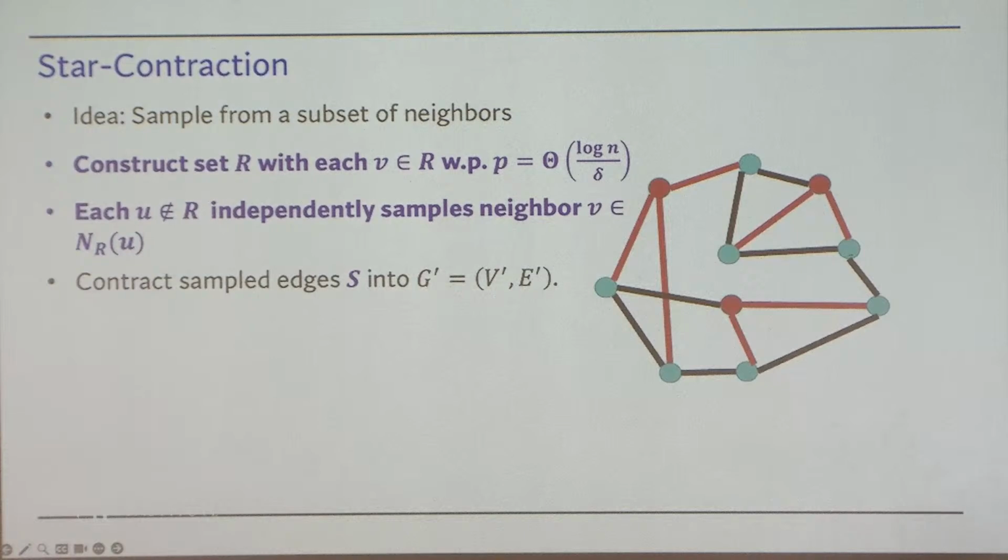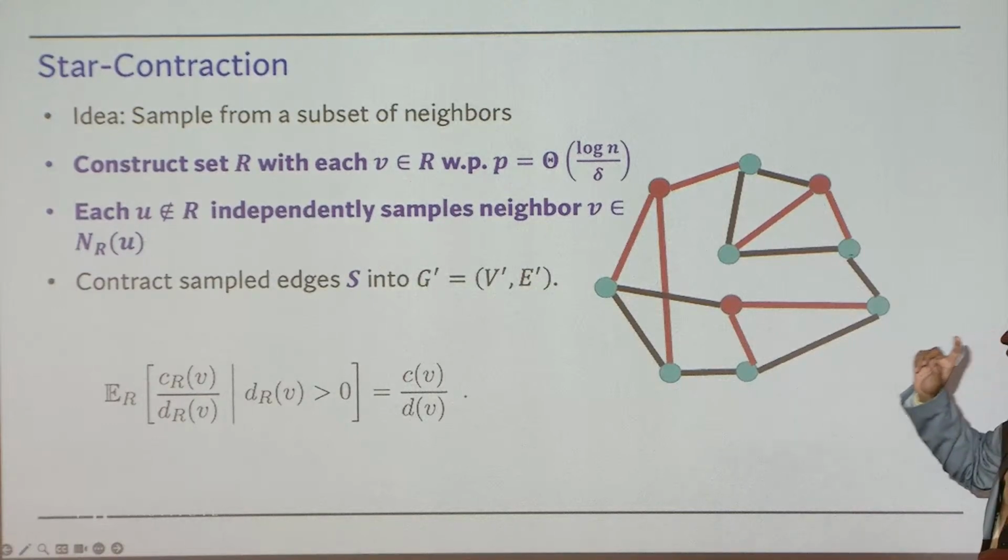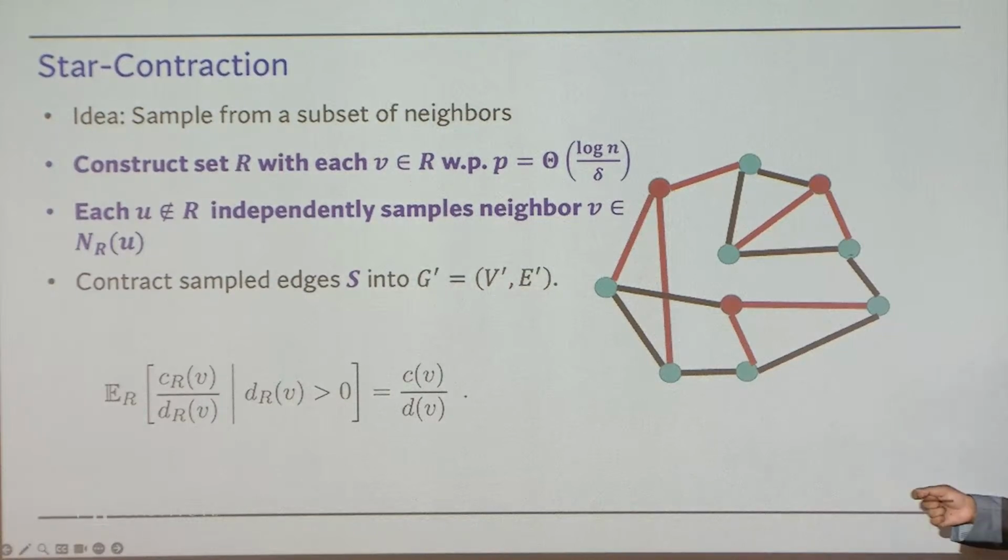By definition, there are n log n over delta many stars, right? And because these red vertices are sampled uniformly at random, you still have the property that you will see fewer red vertices across the cut than on your side.